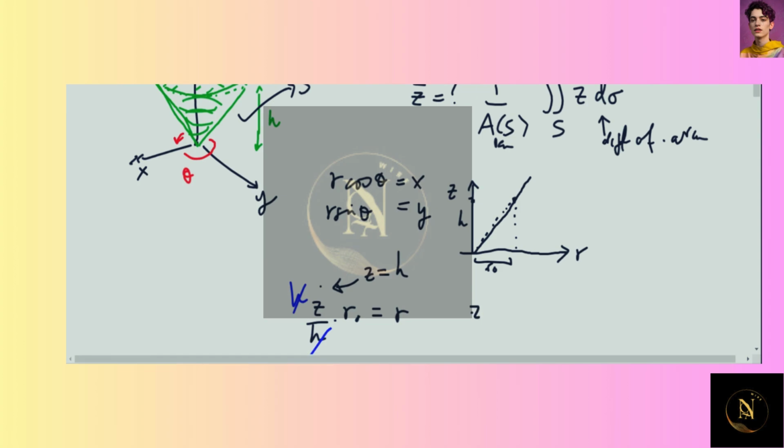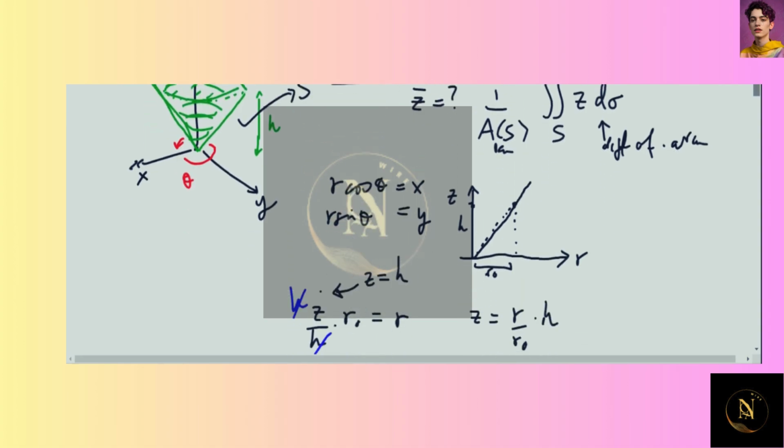But if we wanted to write z in terms of this, we would have that z is equal to r divided by r naught times h. So the z coordinate for the surface is going to be r over r naught times h.